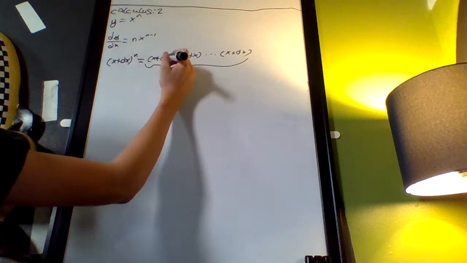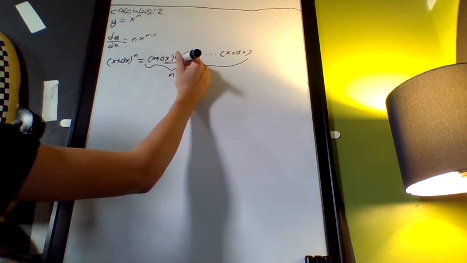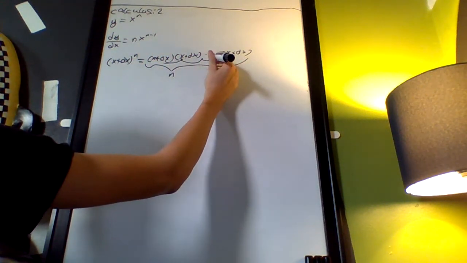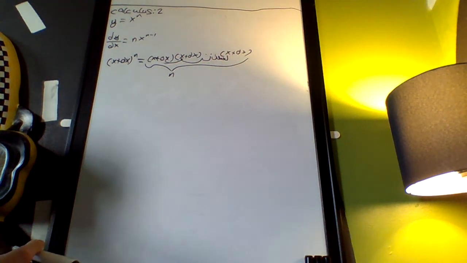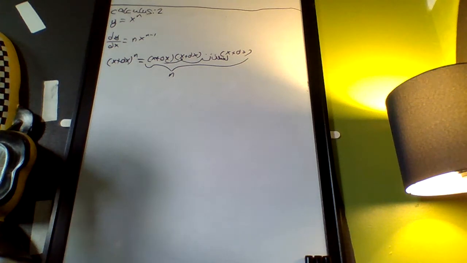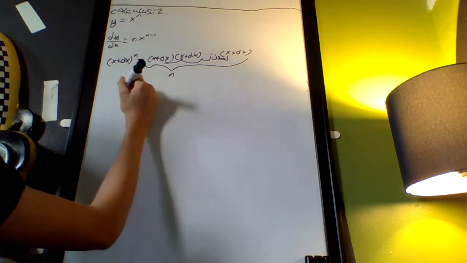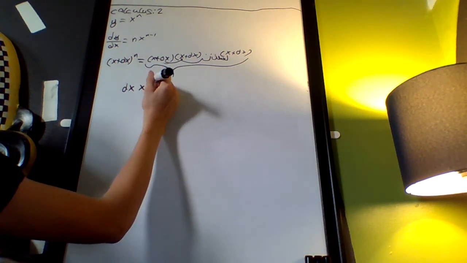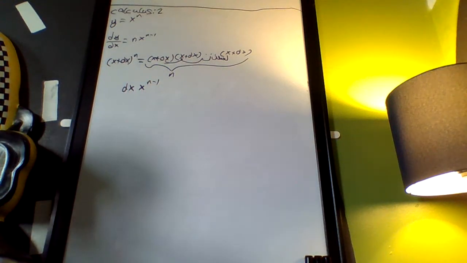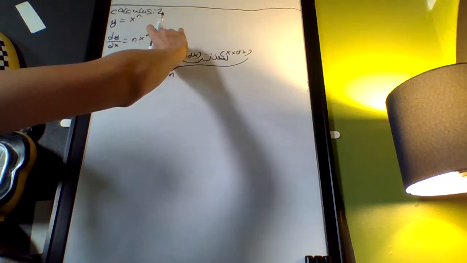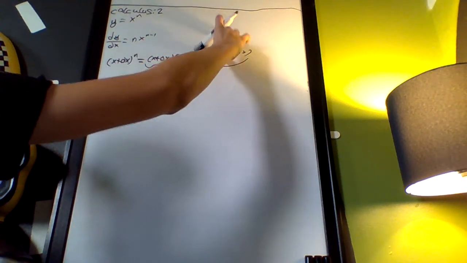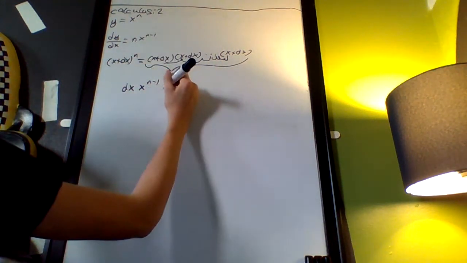Let's follow this track: dx times x, and then x times that x times that x. That's going to be dx x to the n minus 1. Makes sense? Because I'm doing dx, that takes up one spot, but every time afterwards, I'm just multiplying by x.